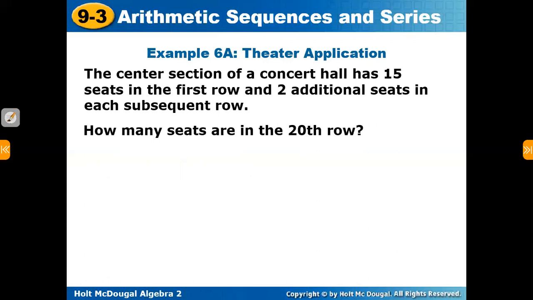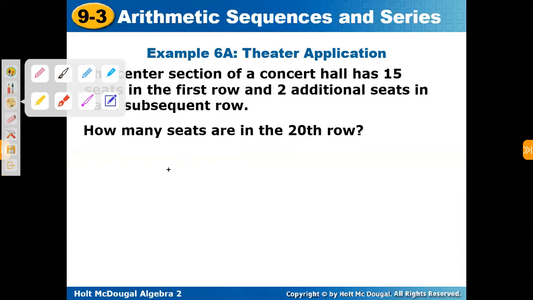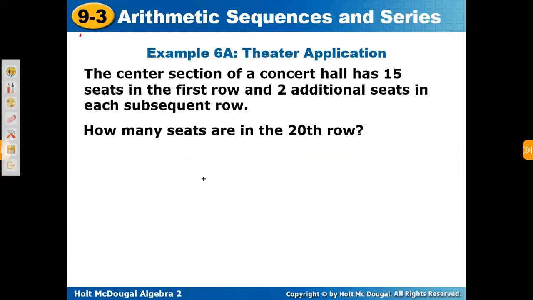So we need to analyze the question and understand the given data. They said 15 seats in the first row, which means I'm given my a1 value. The first row means n is equal to 1, and the a1 value is 15.